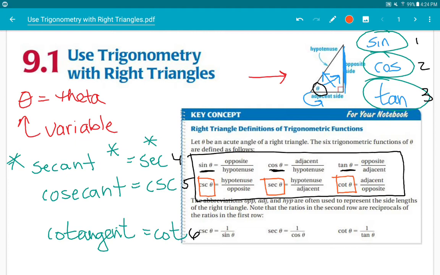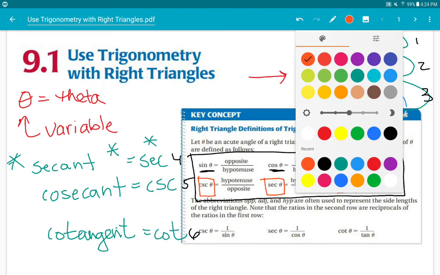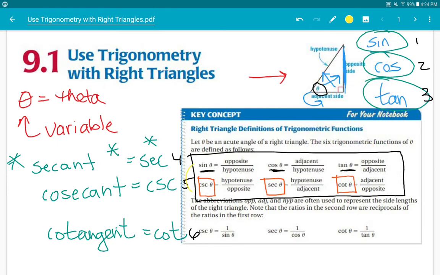Now, what do you guys notice between the sine and the cosecant, the cosine and the secant, and the tangent and the cotangent? Is there anything you notice in terms of the ratios? If you said that they're flipped or they're just reciprocals, then that is very true. And that's what this is telling us here: secant, cosecant, and cotangent are reciprocals of cosine, sine, and tangent.